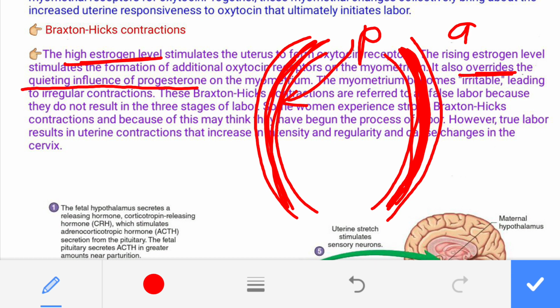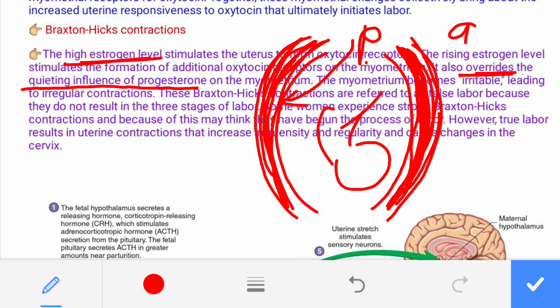So what is this progesterone doing? This progesterone is keeping the myometrium quiet. So the myometrium is not contracting because the development of the baby is going on. The body organs and body systems are developing. If the myometrium contracts, there are chances of abortion of the baby. So to stop this, the progesterone is keeping the myometrium quiet.